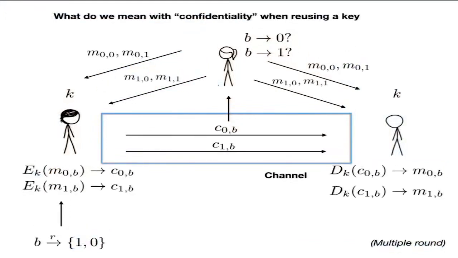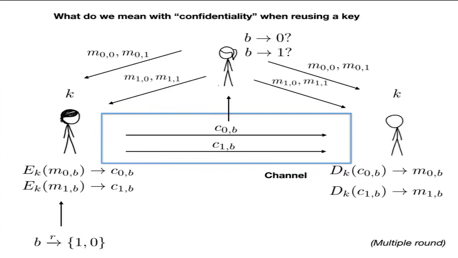Imagine that M00 and M01 are the same message. And M10, apologies, is the same as M00. And M11 is just something else completely.